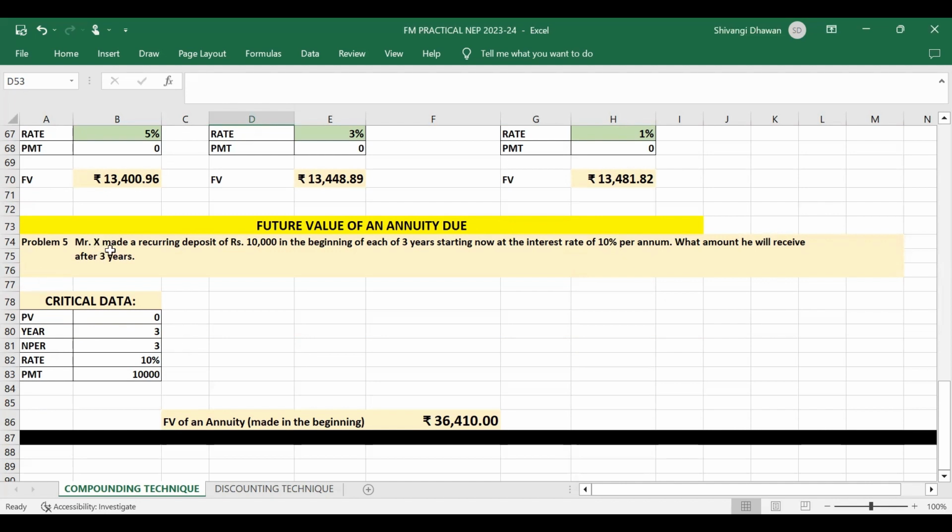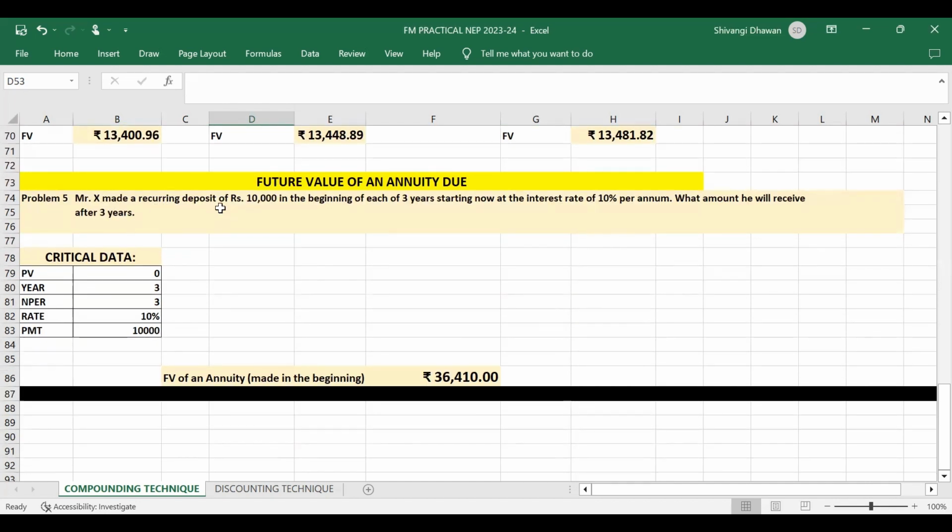So here, Mr. X made a recurring deposit of rupees 10,000 in the beginning of each of 3 years, starting now at the interest rate of 10% per annum. What amount will he receive after 3 years? So here the critical data is that present value is 0, year is 3, number of period is 3, rate is 10%, payment is 10,000.